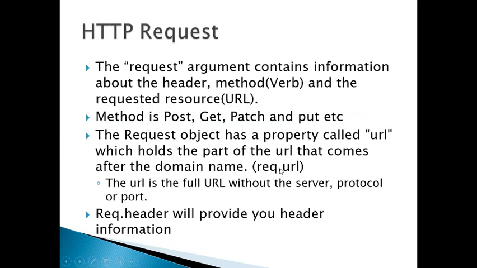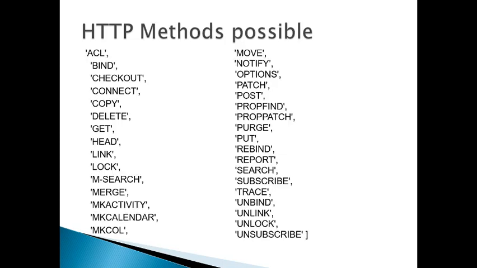If you use req in the callback function, you can use req onward also. I will explain it by example in the programming part. So request.url, request.header, and request.method. These are the three properties which come with the request object.